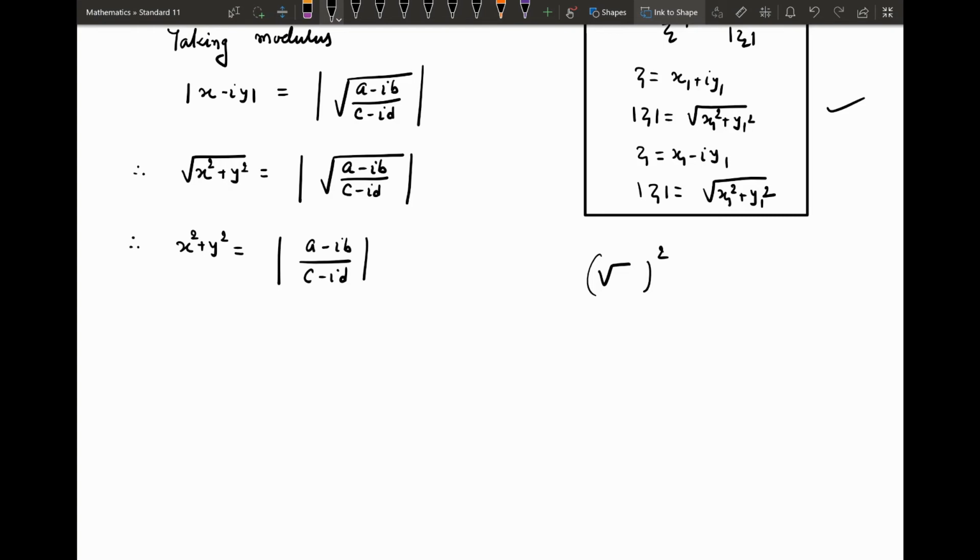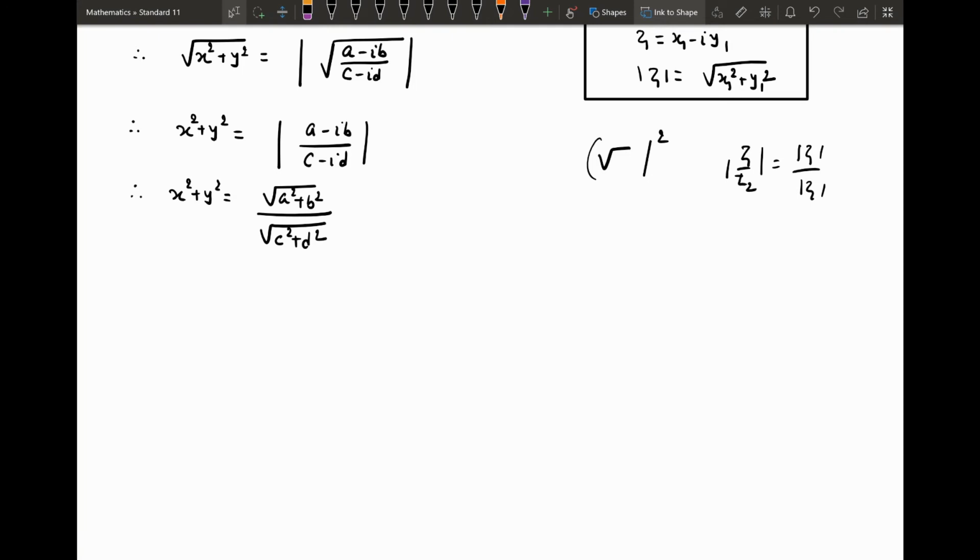Now use this property, modulus of z1 upon modulus of z2, so x square plus y square equals under root a square plus b square upon under root c square plus d square.